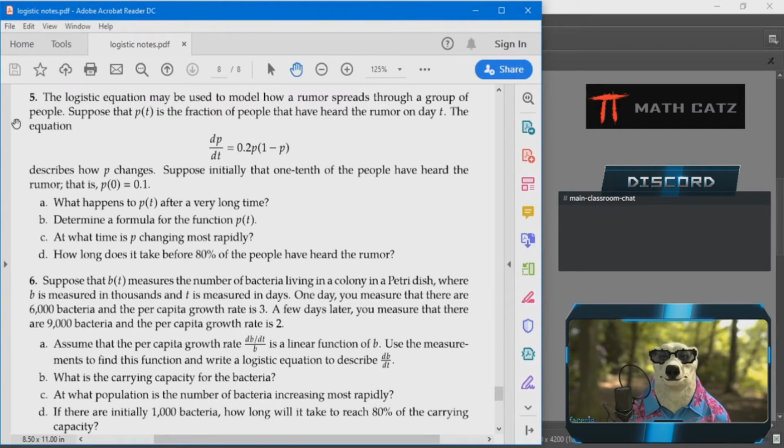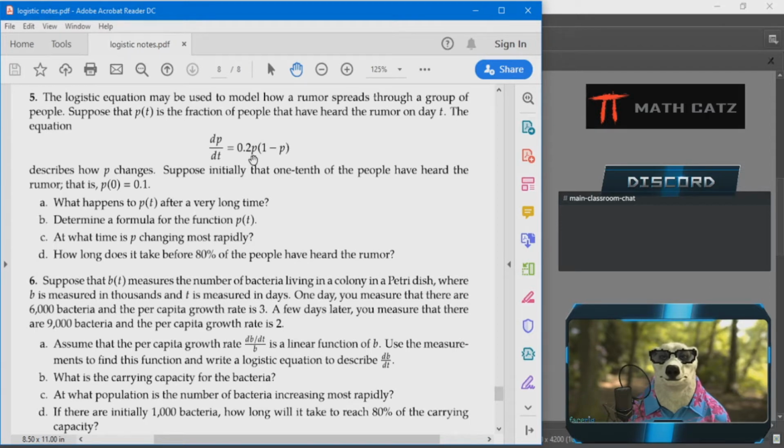So let's say here the logistic equation may be used, like we did for number 1, to model how a rumor spreads through a group of people. So we're going to let P represent the fraction of people that have heard the rumor on day t, and we have this familiar logistic equation where I have some growth constant.